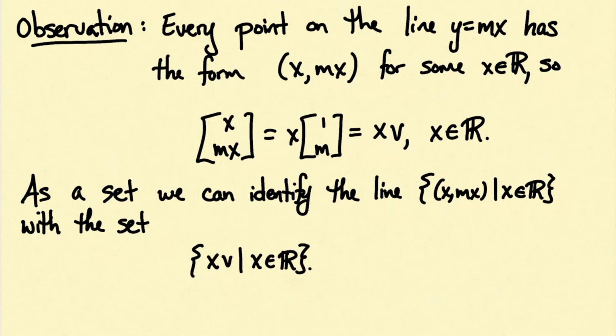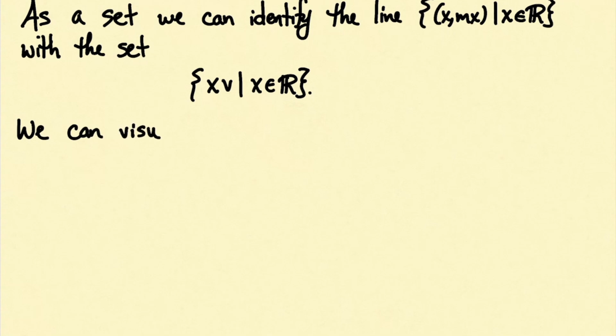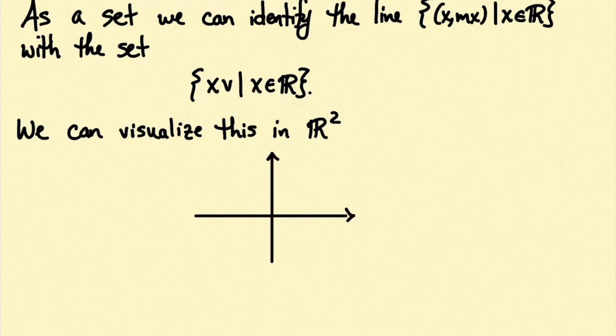So we can visualize this in the plane as thinking about the vector v lying on the line with slope m through the origin, and we can think about all the points along that line as being obtained as the tip of a scaled copy of v.